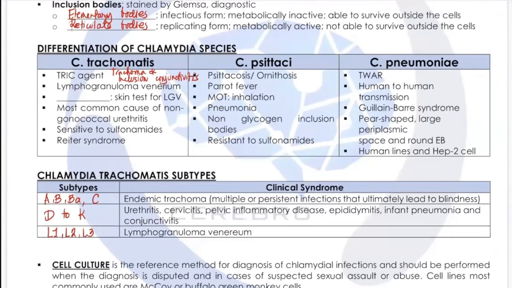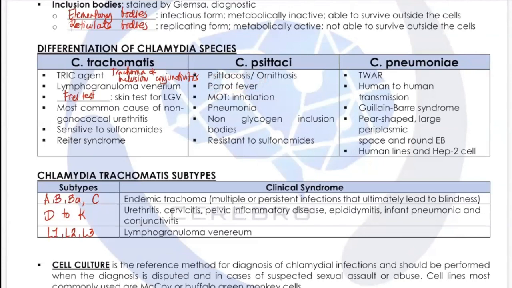Okay? Now, we have a skin test for the detection of lymphogranuloma venereum that is called as the Frei test. Okay? So this is the most common cause of non-gonococcal urethritis. It is sensitive to sulfonamides and also associated with Reiter syndrome. Then we have Chlamydia psittaci, which is the causative agent of psittacosis or ornithosis, or otherwise known as the parrot fever.